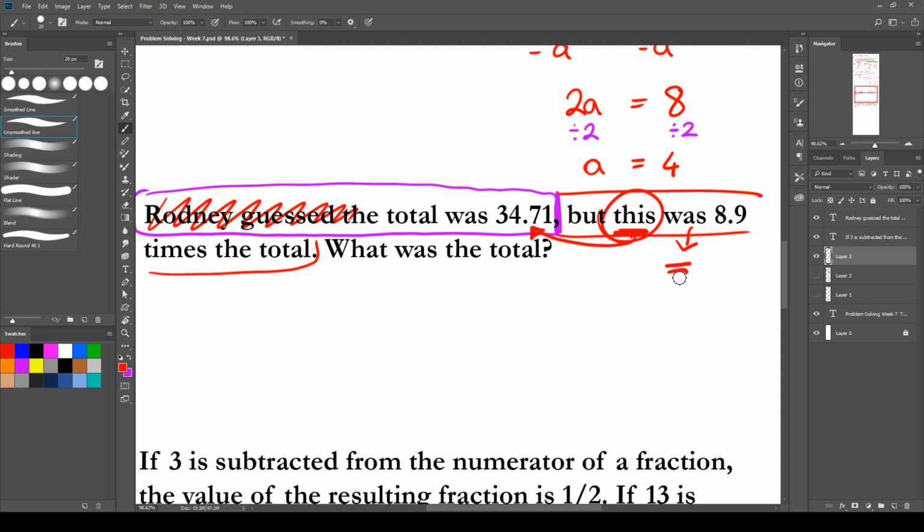So this was equal to, let me just reassemble. So 34.71 was means equal sign, so equal to 8.9 times, well, that just means multiplication, times by the total.